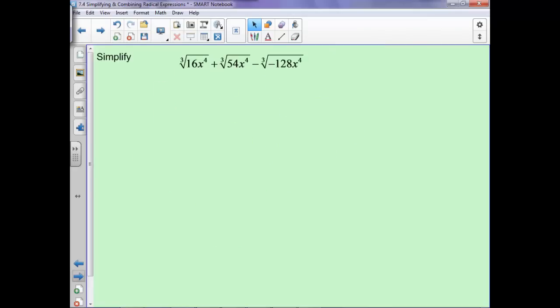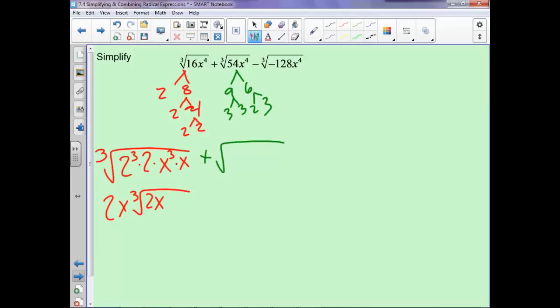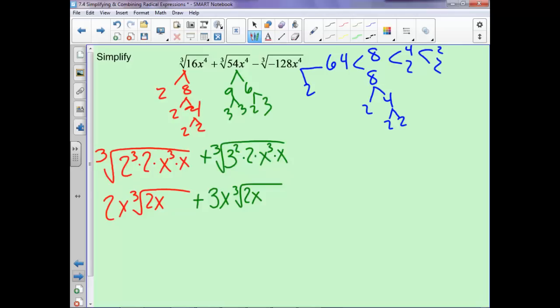This next one, same idea, but we're dealing with cube roots here. I forgot a negative 1.